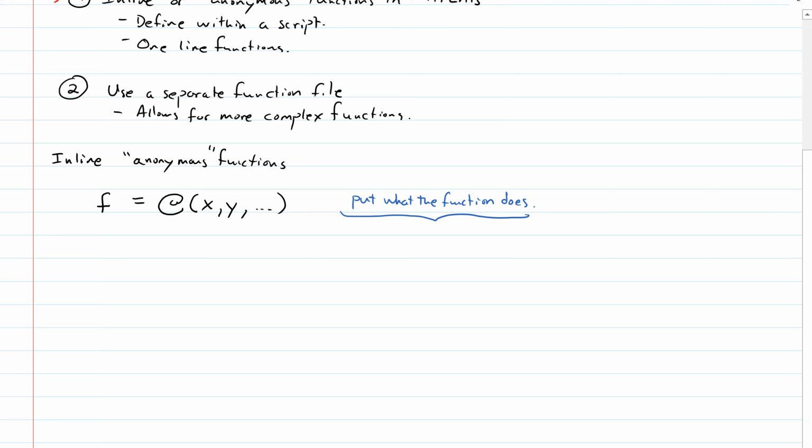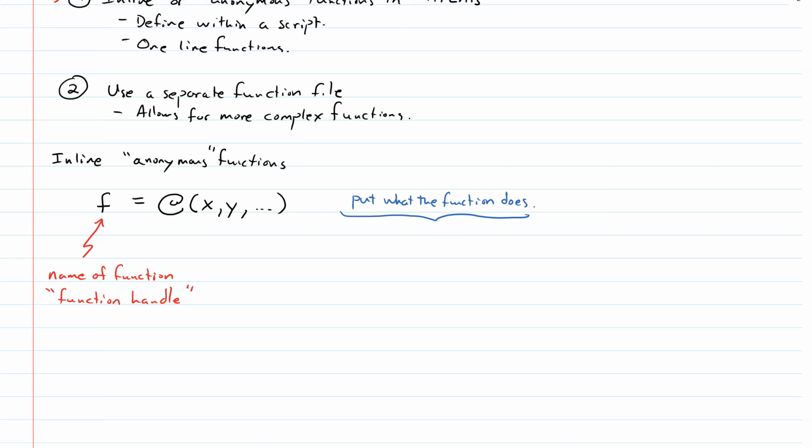So let me just go over a little bit about what's going on here. This thing here is the name of the function. And MATLAB has a funny name for this. They call it the function handle, which is easy to remember because in any online system, you have a handle, which is like your nickname.